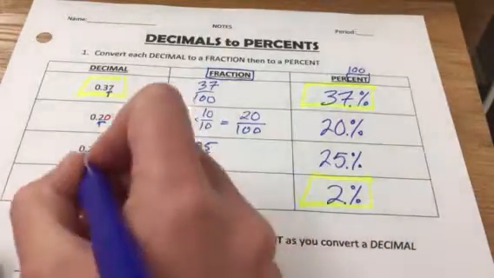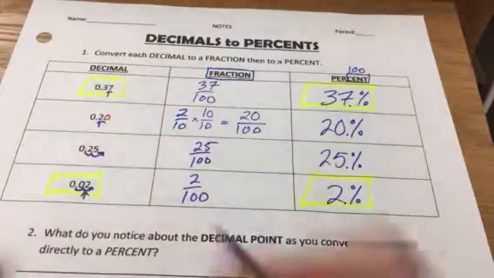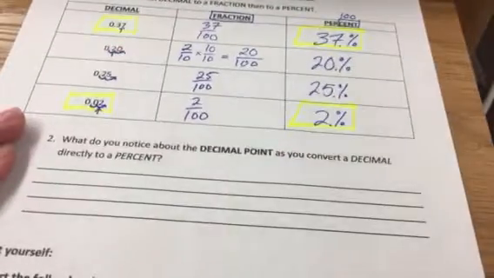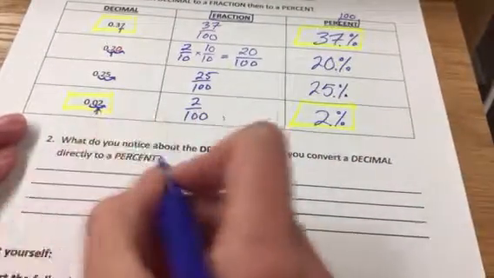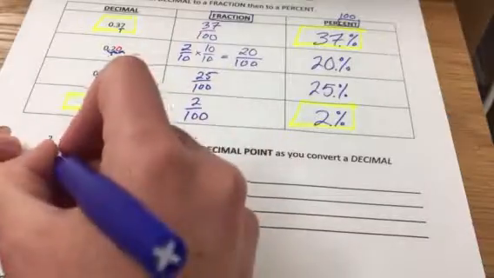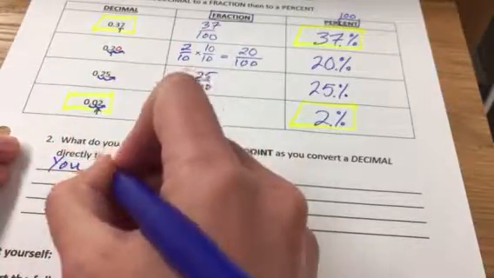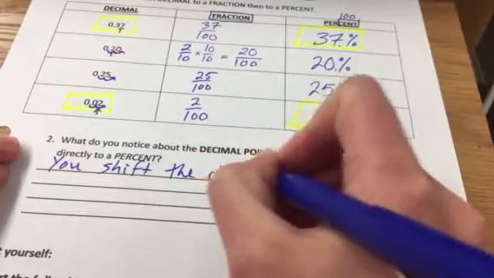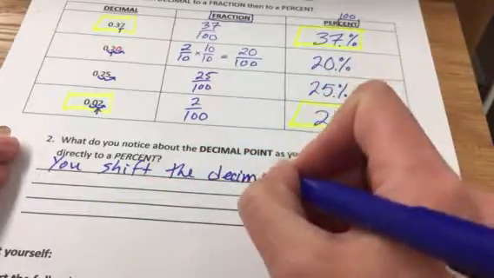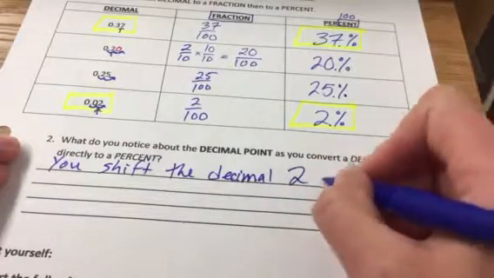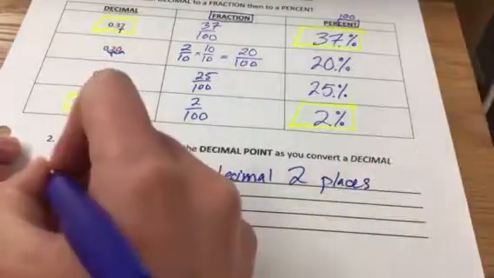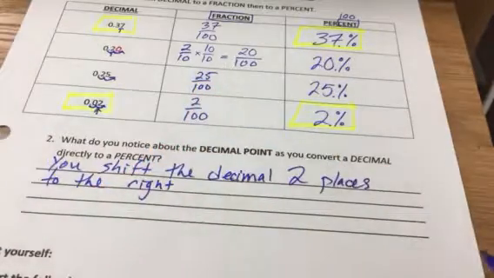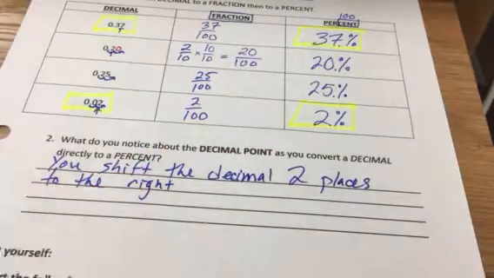It's shifting backwards twice. So what do you notice about the decimal point as you convert a decimal directly into a percent? We're shifting the decimal 2 places to the right. So let's do a few more examples together.